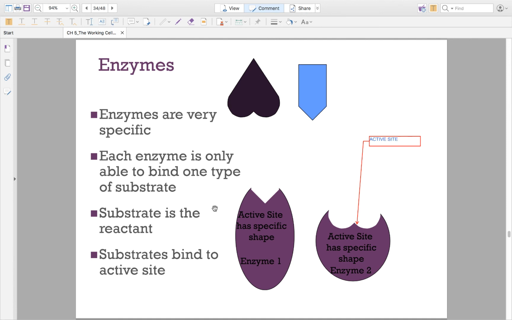That's it. Every enzyme has its own active site. This is an active site. And only one substrate, which is in other words a reactant, can fit or bind into here. And they're pretty shape specific and substrate specific.